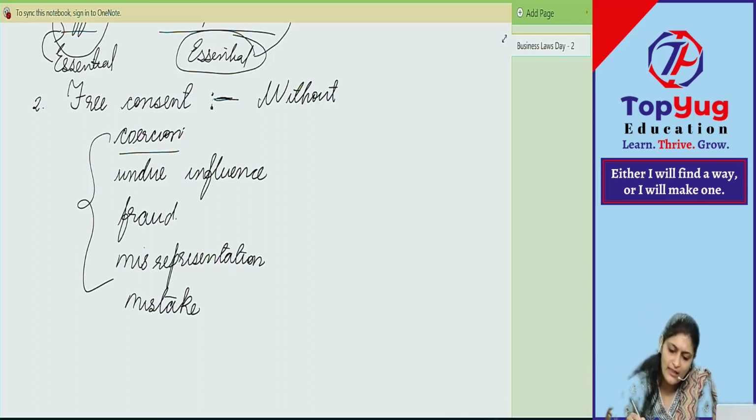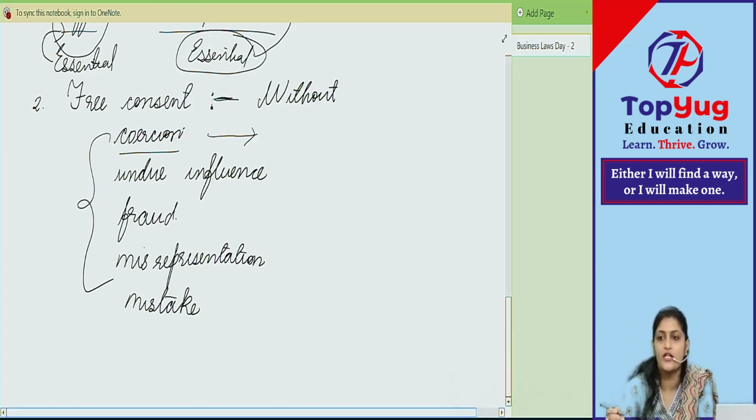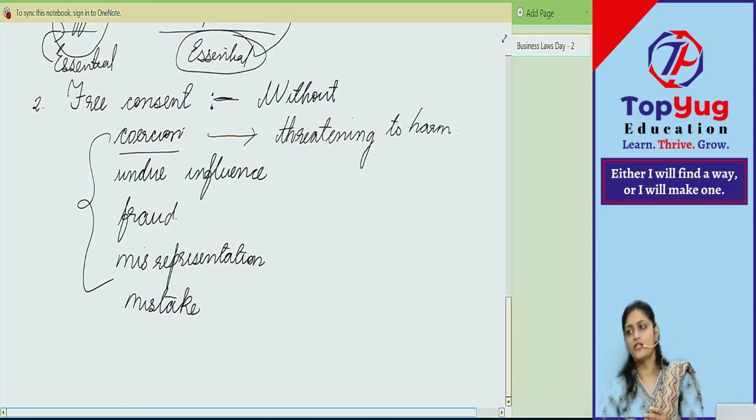Now, what do you mean by coercion? Coercion is nothing but threatening to harm somebody. Threatening to harm someone is nothing but coercion.